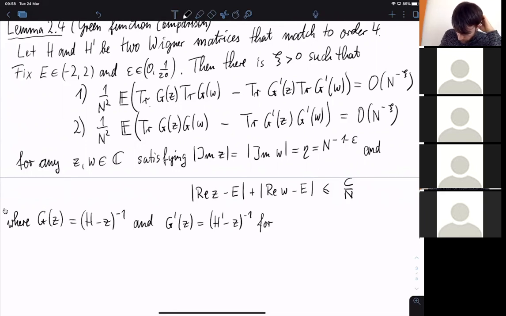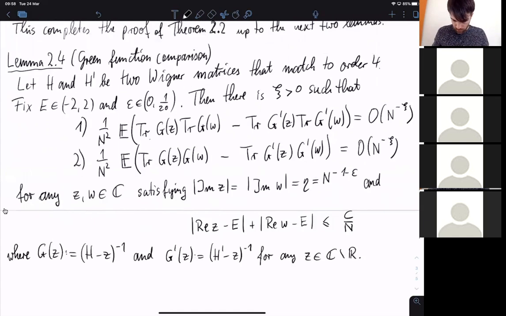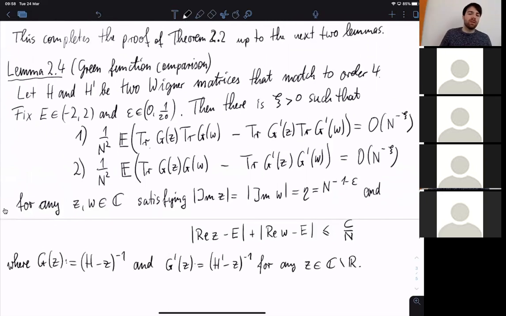And now we make these definitions for all complex numbers that are not real. Okay, so maybe you can take another picture now. And then this was the first lemma. So this allows us to compare green functions as we had in the expressions before.